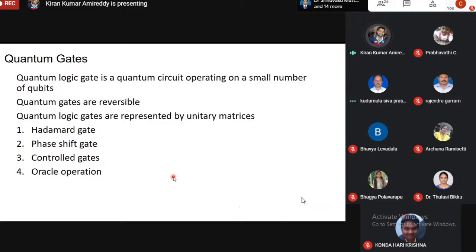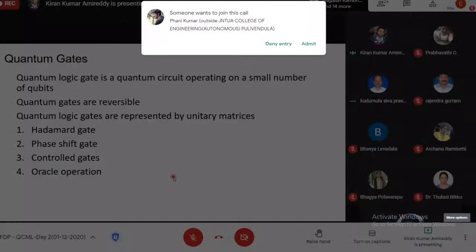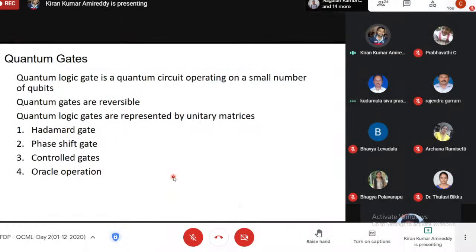So the quantum gates are the gates which operate on a small number of qubits. In normal classical computing, it deals with bits. You are computer engineers, you must know these things.